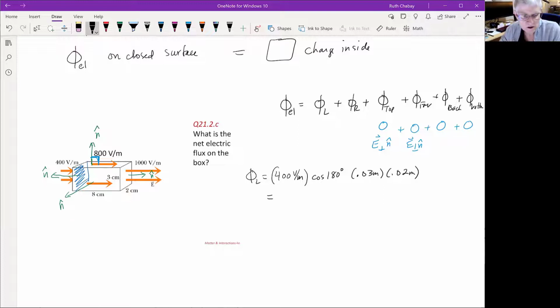And so that comes out to negative 0.24 volt meters.